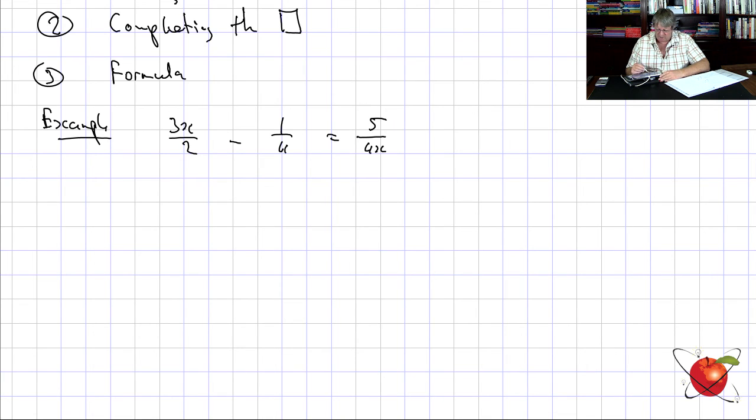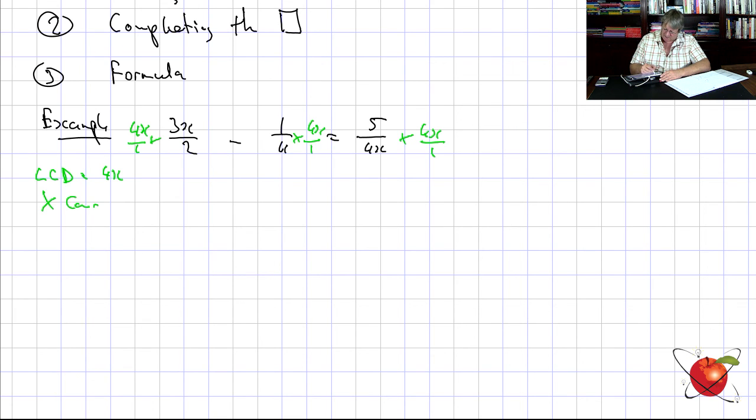Remember, the other way of doing it is bringing them all to the other side. Here, what do we say? We say, nope, let's do it. We multiply by the LCD. When you do this, can you see the LCD over here is equal to 4x. Then go 4x over 1 times each term, and then cross cancel.